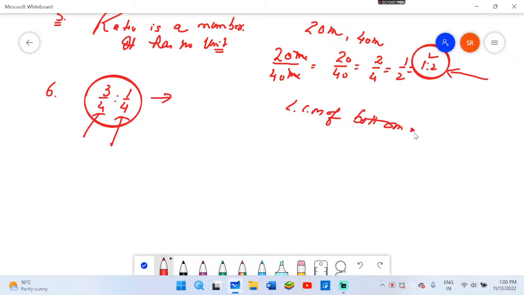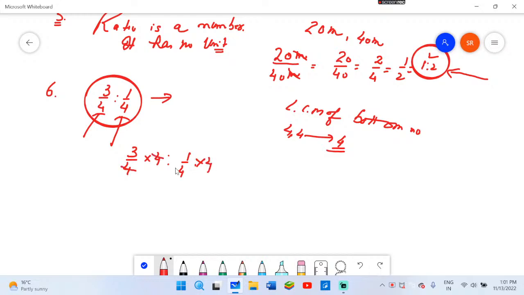Here 4 and 4 have LCM 4. Therefore, I write 3 upon 4 into 4 is to 1 upon 4 into 4.